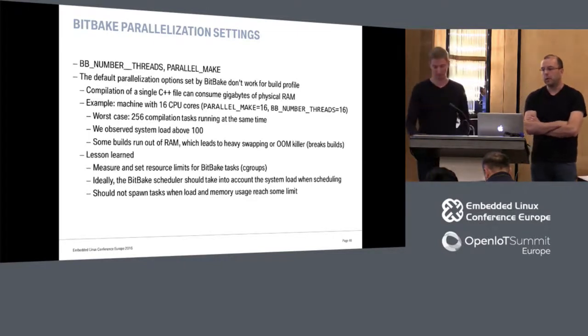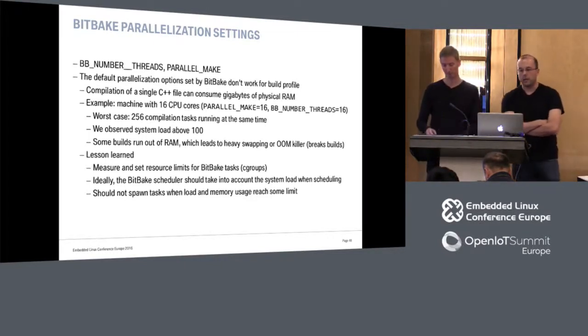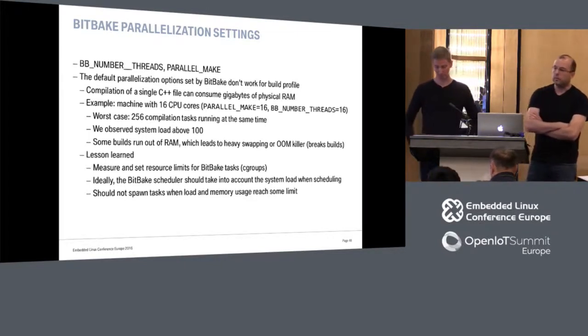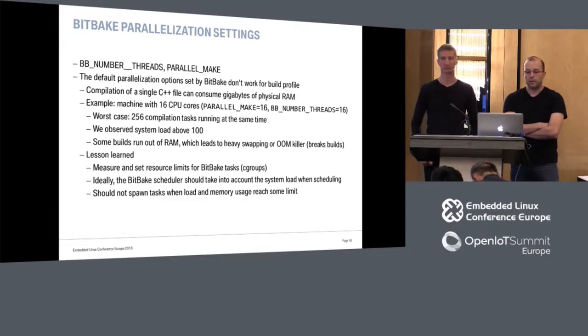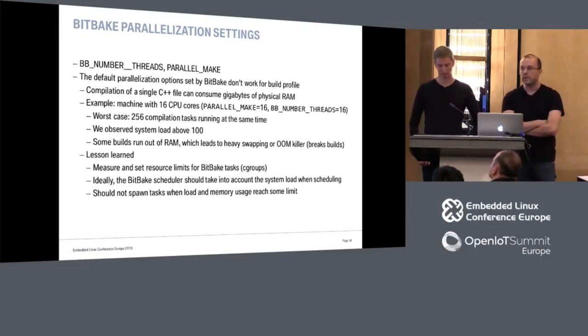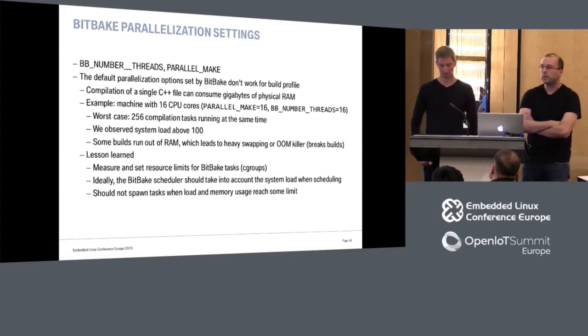So about the parallelization settings of BitBake. BitBake currently has two main variables to customize in case we want to tweak the parallelization: BB_NUMBER_THREADS and PARALLEL_MAKE. Both of them by default are set to the number of CPU cores. In our particular case, it doesn't scale very well because, as we mentioned, we have some quite heavy C++ based components that take a lot of memory to compile.